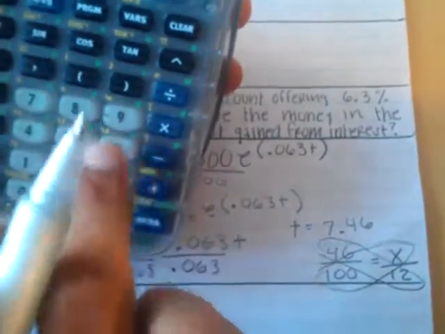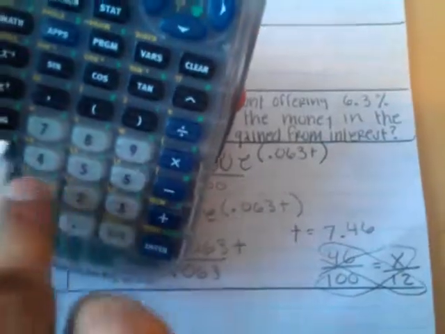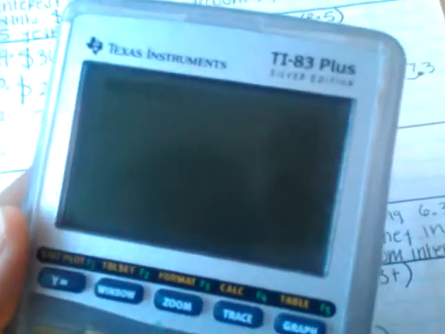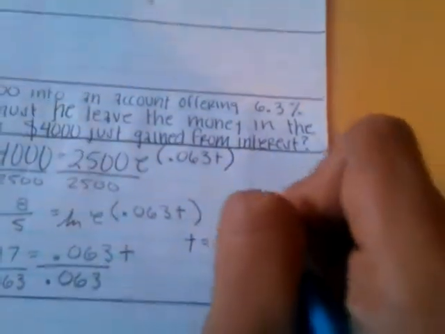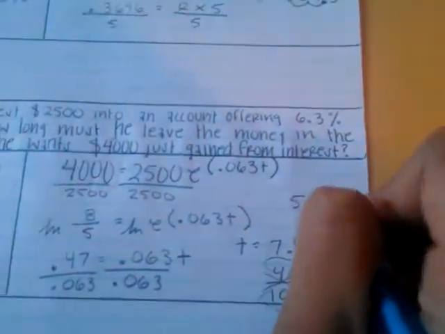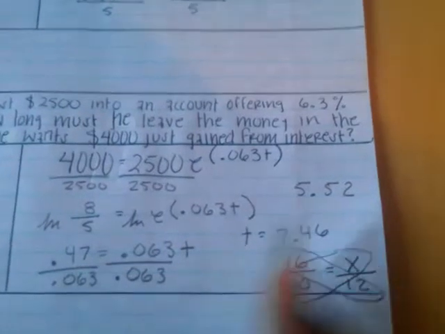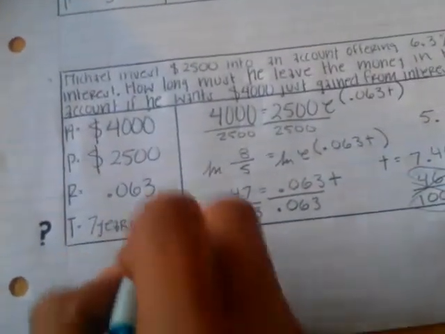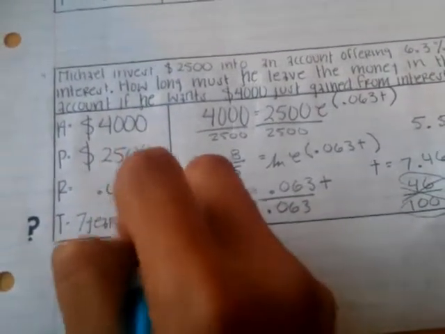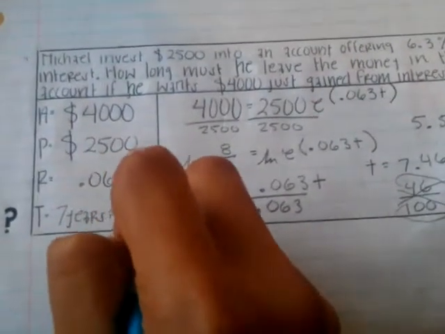So you do 46 times 12 equals 552 divided by 100 equals 5.52. But we have to round up since it's a 5, so it's going to be 7 years and 6 months. That's it.